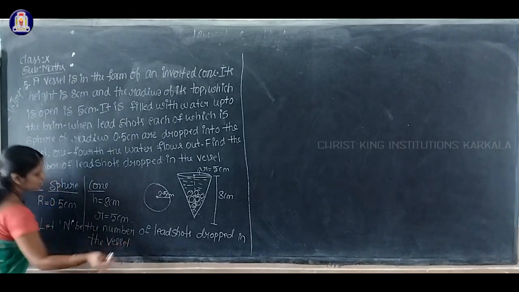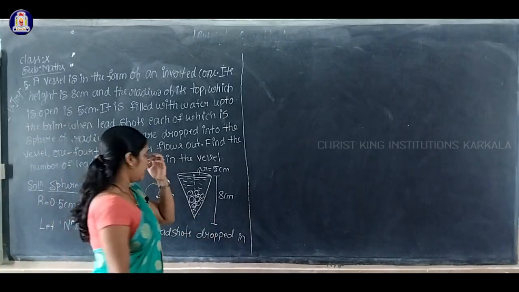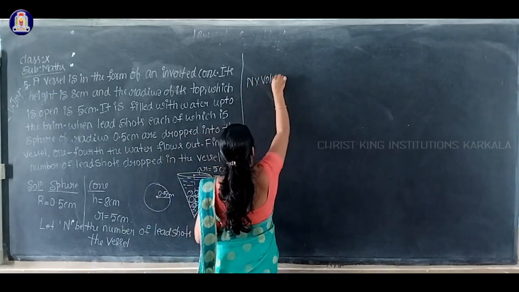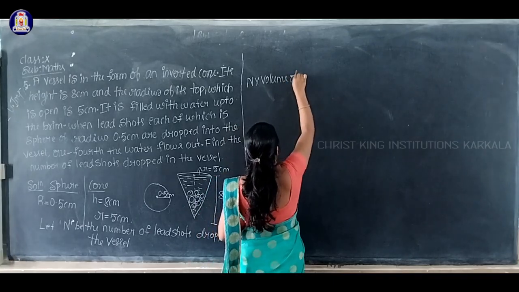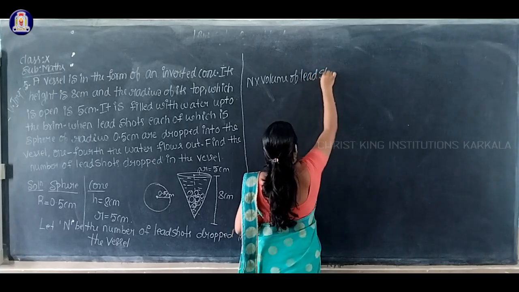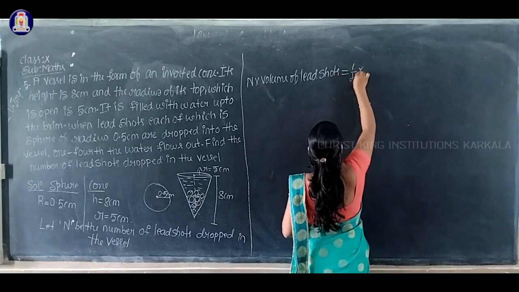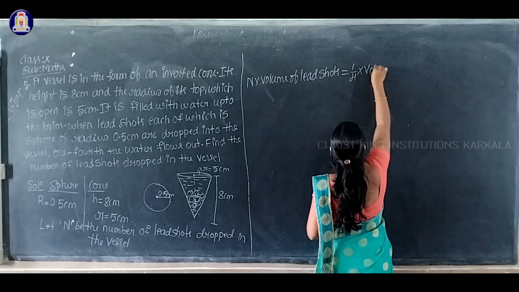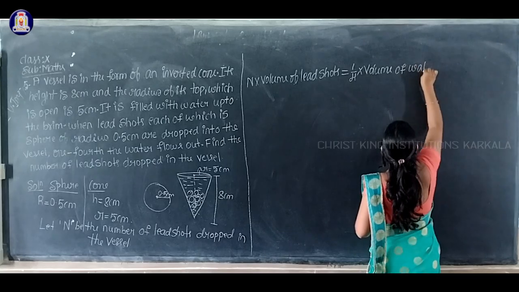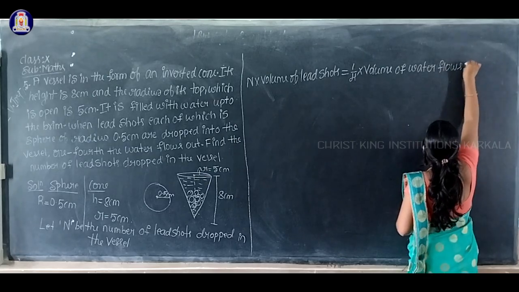Now according to the question, N into volume of lead shots is equal to 1/4 into volume of water that flows out.